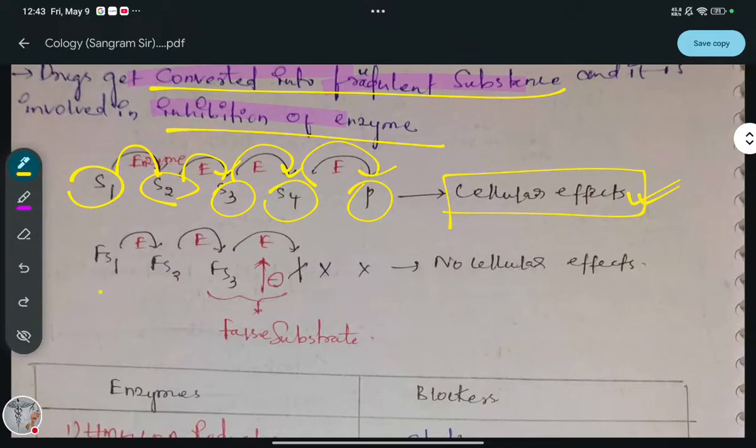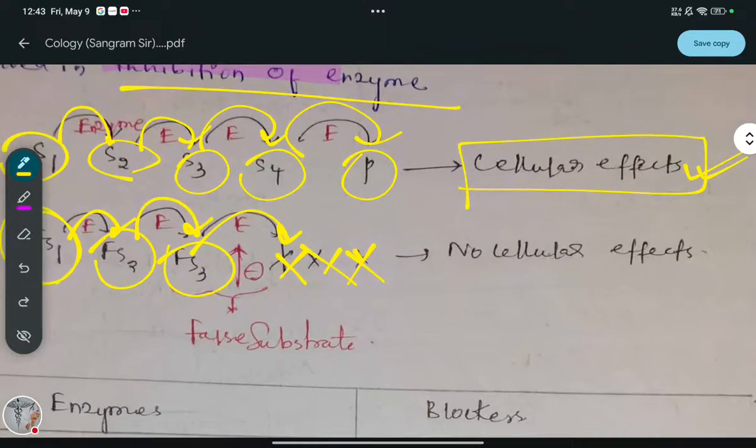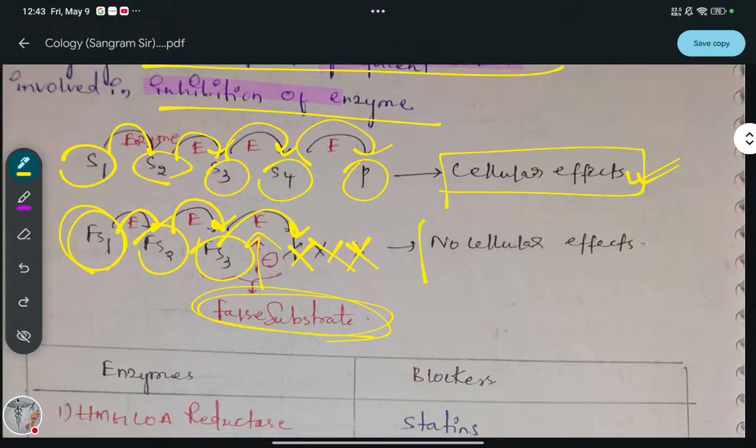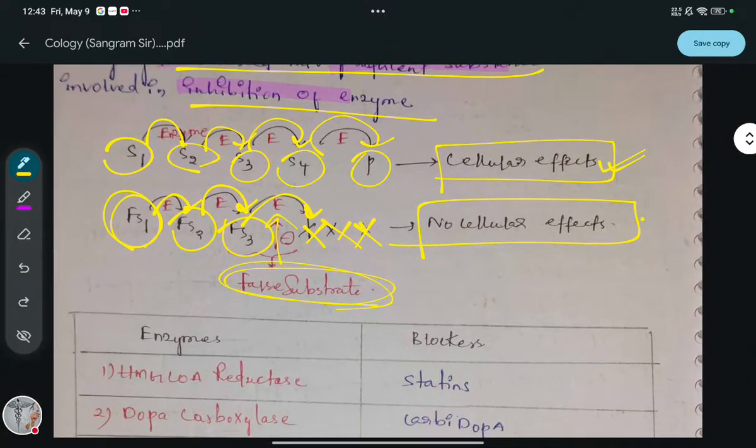But when the false substrate comes and binds to the enzyme, it will form false substrate 2, then false substrate 3, and ultimately we will not get the final product, since the false substrate inhibits the enzyme activity. So we will not get any cellular effect in that case.